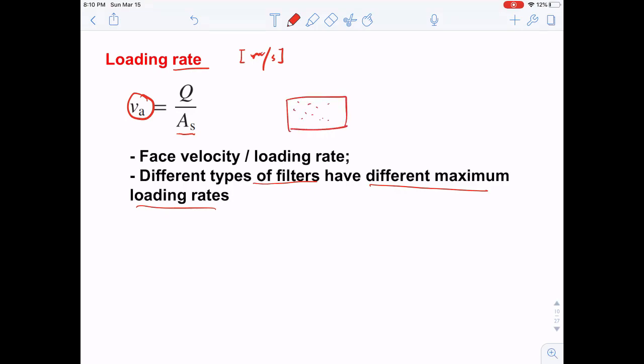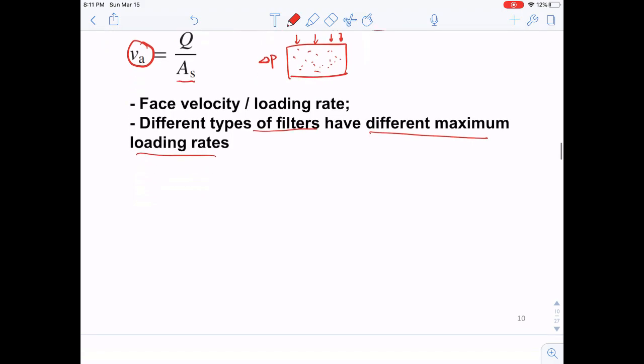So again, for this filter here, there's sand in the filter, right? If the loading rate is too high, let's say VA is larger than VA prime, which is the maximum loading rate, then that's going to create a strong pressure drop through this filter, right? It's very easy to damage the filter during this process. So for our design of a filtration system, we always need to make sure that the loading rate is smaller than the maximum loading rate.